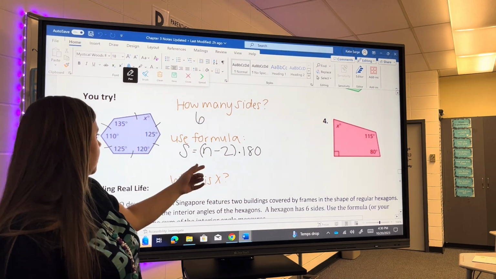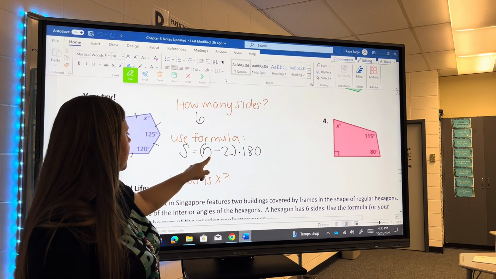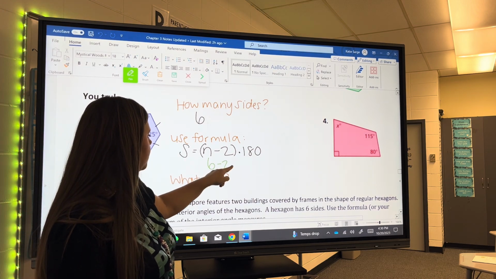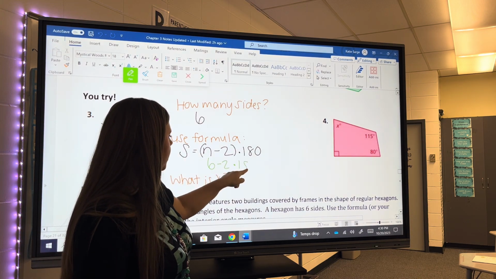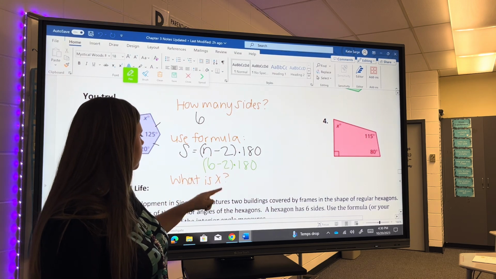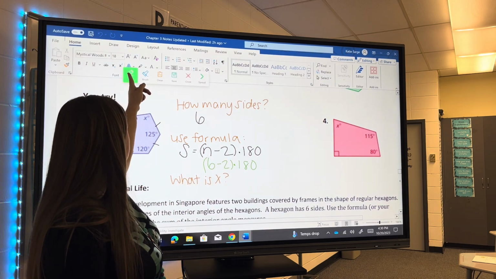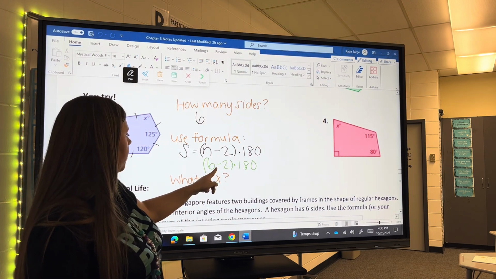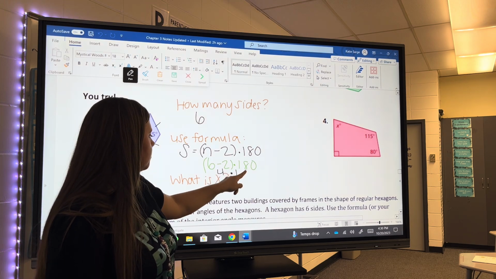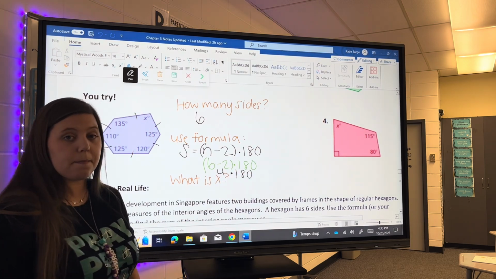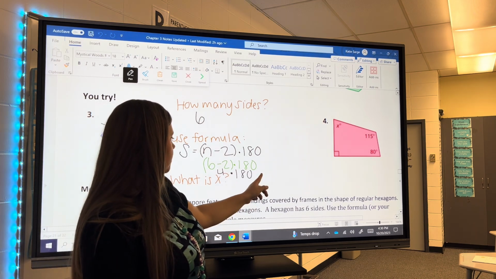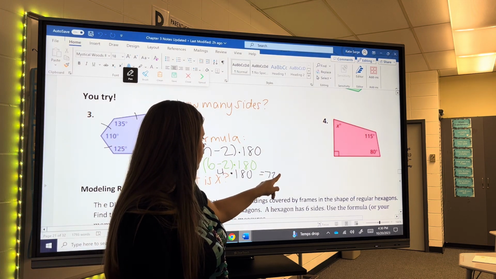So first, number of sides is 6 minus 2 times 180. Well, that becomes 4 times 180, which is 720.